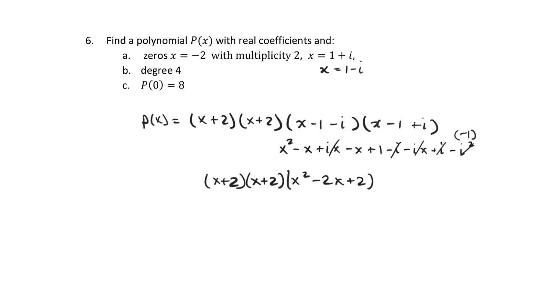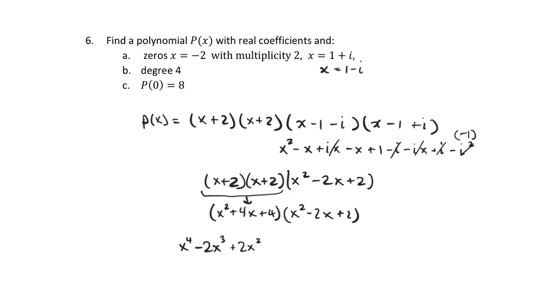So now if we multiply those two together, we're going to get x squared plus 4x plus 4. And if we multiply those two together, so multiply this to that means x squared times x squared, times negative 2x, and so on. So if we multiply all those terms together, we're going to get an x to the 4th, and then a negative 2x cubed, and a positive 2x squared.